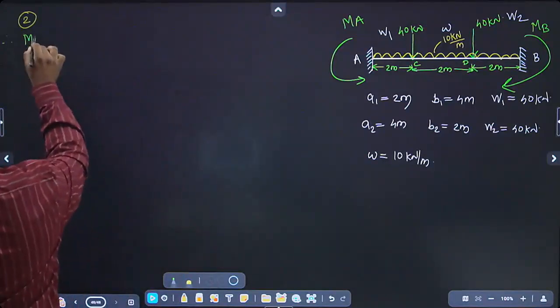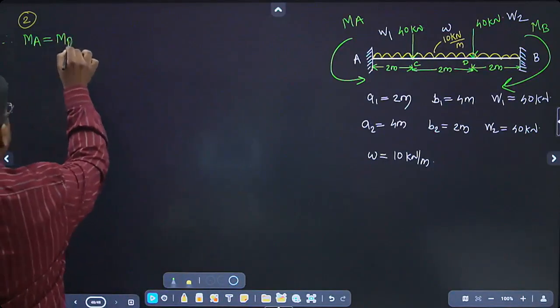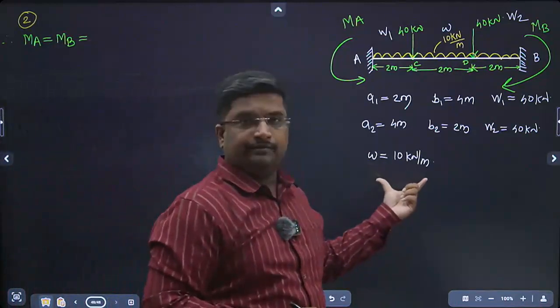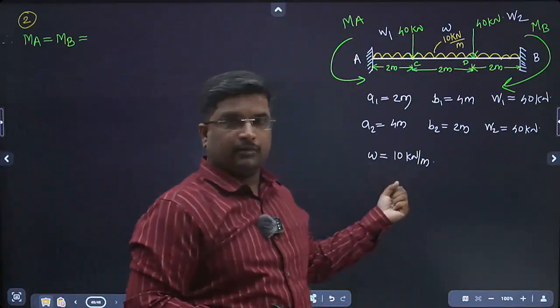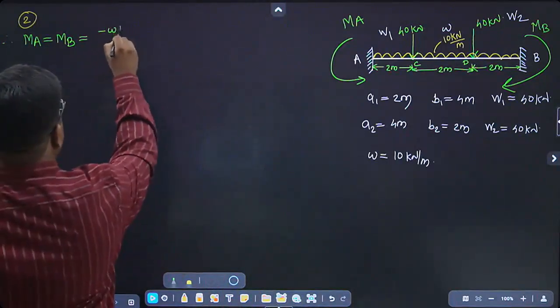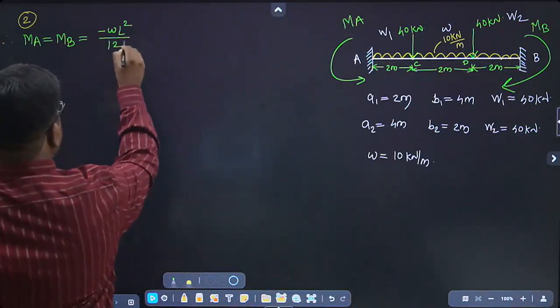Therefore, capital MA is equal to capital MB is equal to, what is the formula due to UDL? Formula due to UDL is minus WL square upon 12.